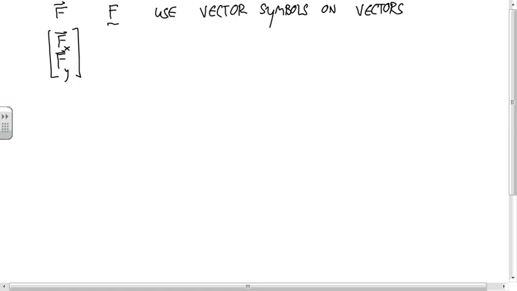So use the vector symbol to represent the thing that has components, and then the components themselves, these are just numbers. Okay. Any questions about that? All right.